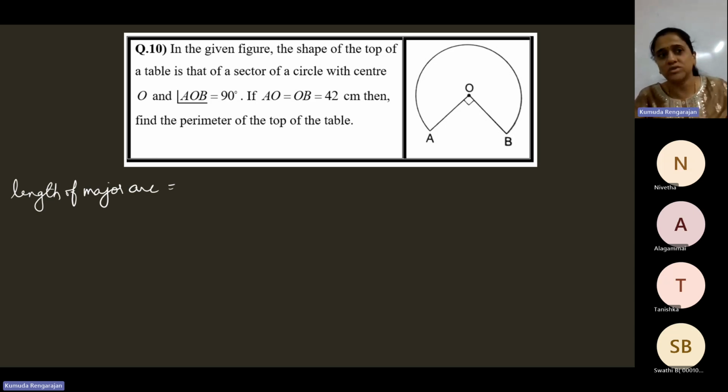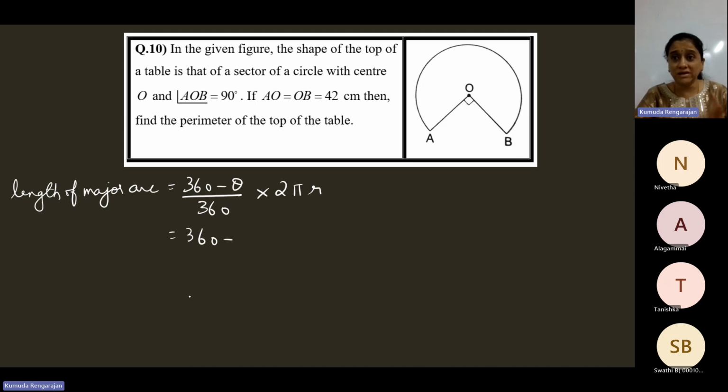The angle is 270. So 360 minus theta by 360 into 2 pi r, because it is perimeter. That is 360 minus 90, or you write 270 directly. 270 by 360 into 2 into 22 by 7 into 42.